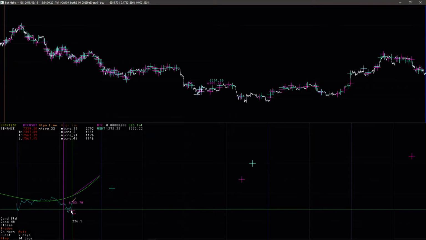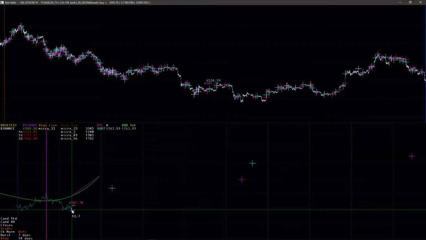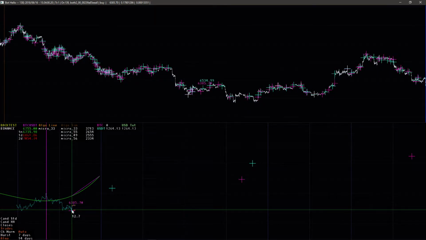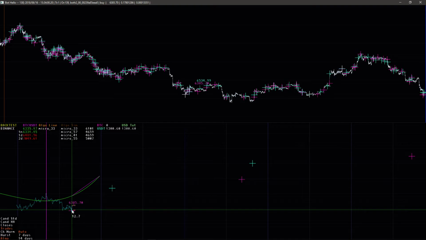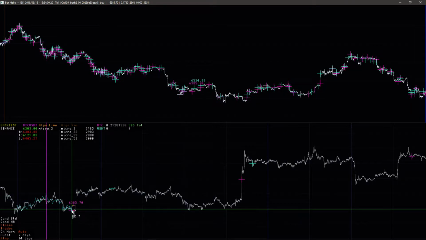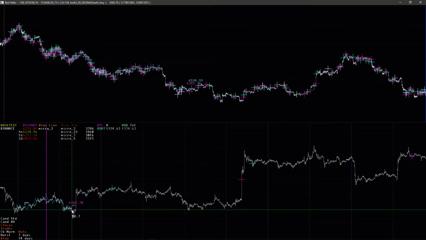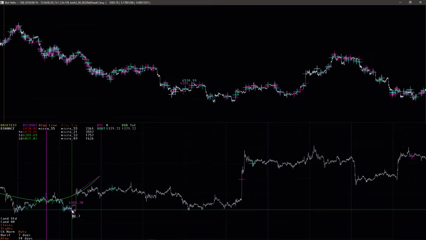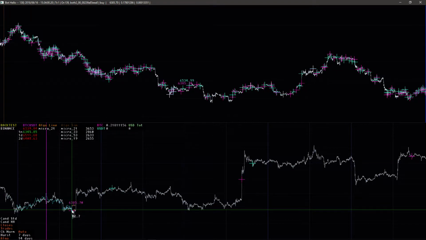a cyan line. What this is, it's a historical matching. It's an indicator that we developed in-house, and what it does, it looks into the past to find best fit matches, and it actually does it in multiple cases and then averages it out.